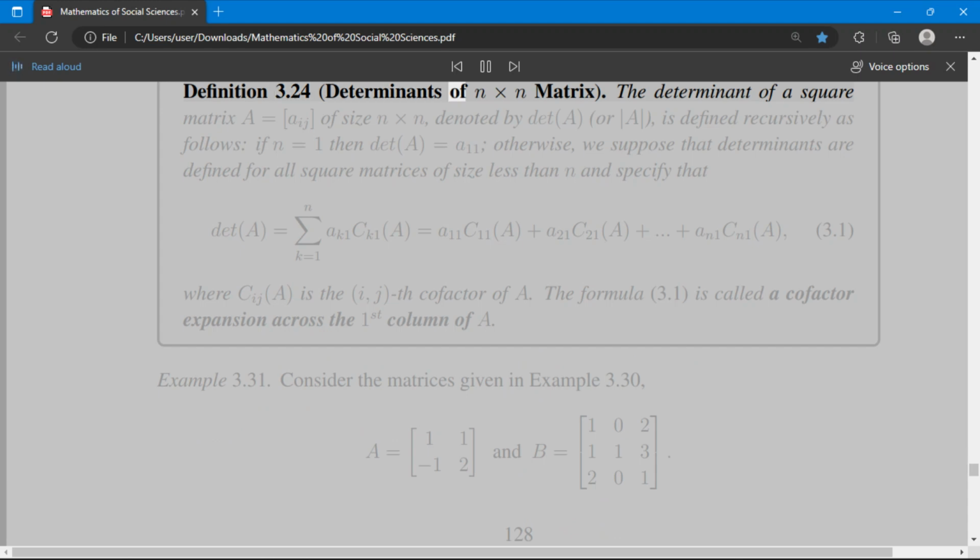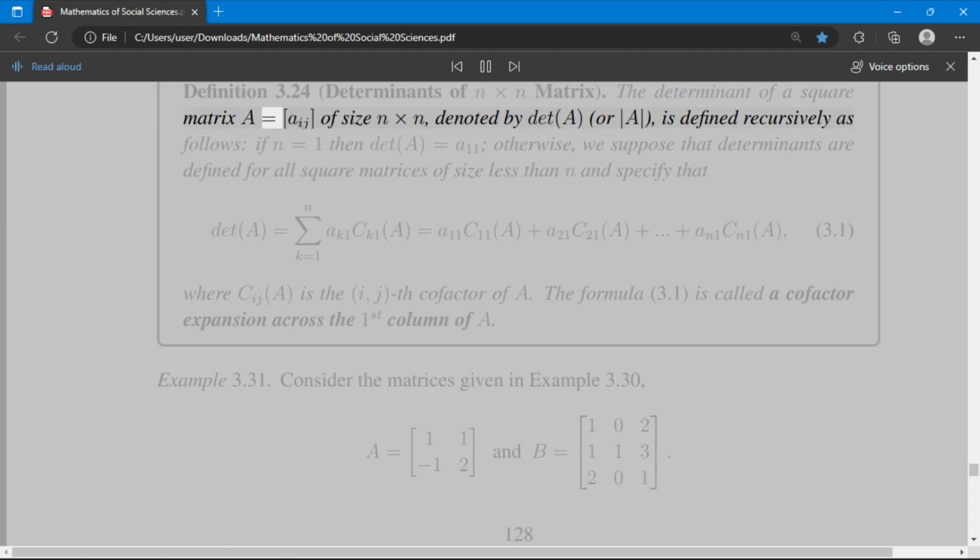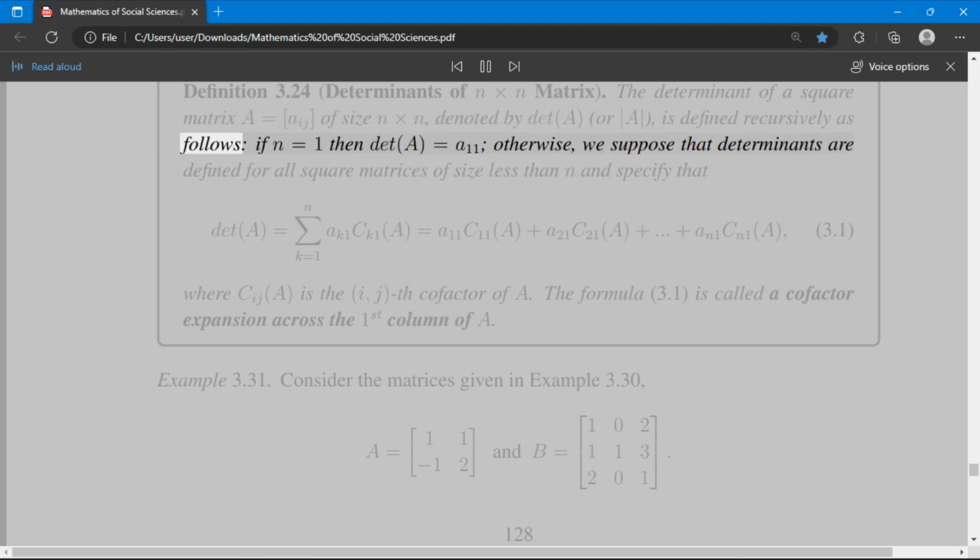Definition 3.24, determinants of n times n matrix. The determinant of a square matrix A = [aij] of size n times n, denoted by det A or |A|, is defined recursively as follows. If n equals 1, then det A equals a11.